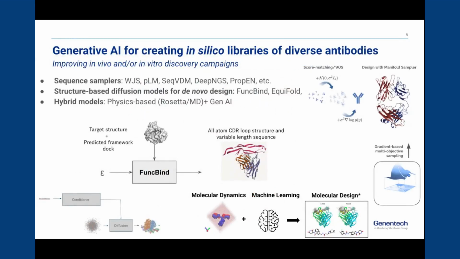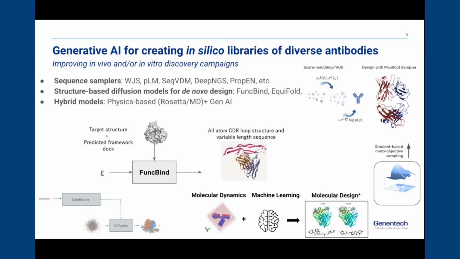Now, I did mention in the beginning that there is an ensemble of different generative models that we use. The main reason for that is because we don't want to limit ourselves to any particular model or the limitations of one particular model. We want to really diversify the sequences in the beginning, and for that purpose, we use different types of models.